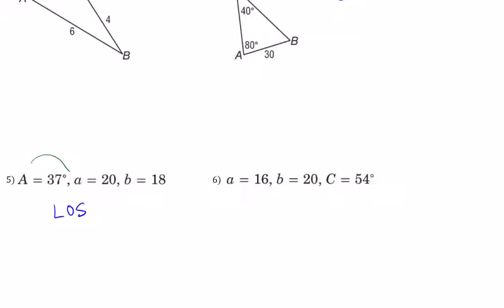Law of sines is for opposites. And then on this one, C is not the opposite of A nor B, and so C is included. Because this is included, that means we're going to do law of cosines, okay? So let me just put included, and here I'll put opposite.